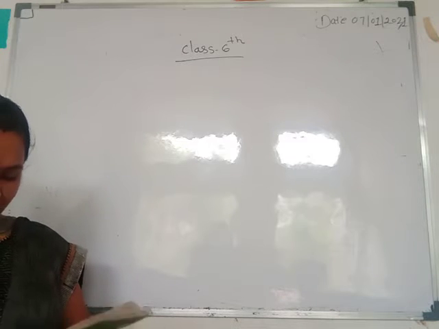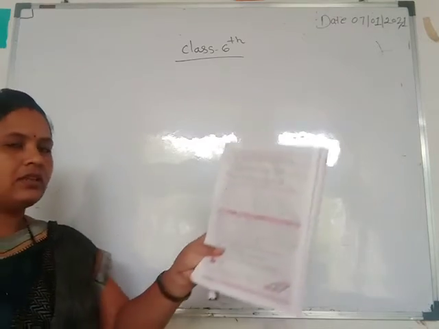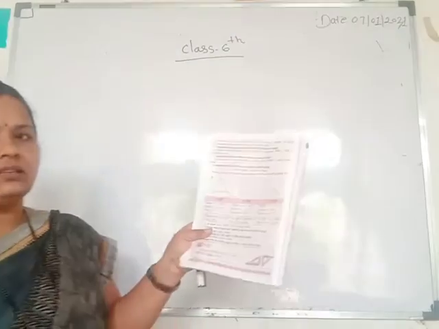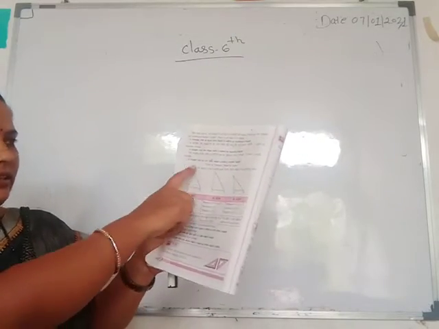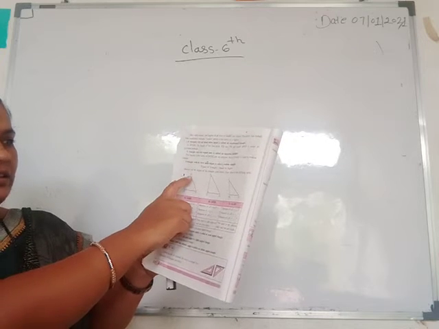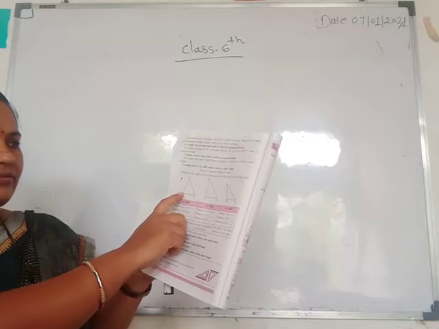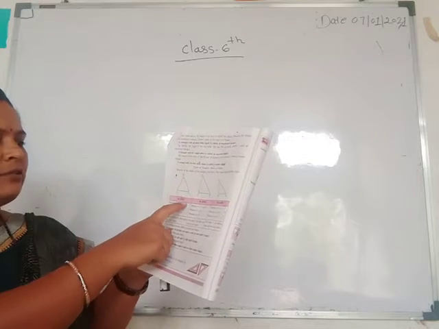Then next one, see page number 78. See this picture: types of triangles based on angles. First one, acute angled triangle. In triangle DEF, all three angles are acute angles. You measure angle D, E and F and write here.